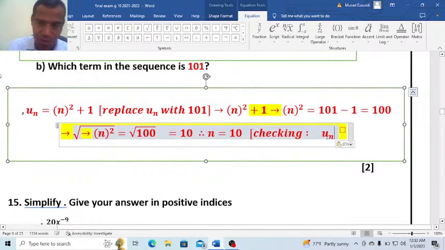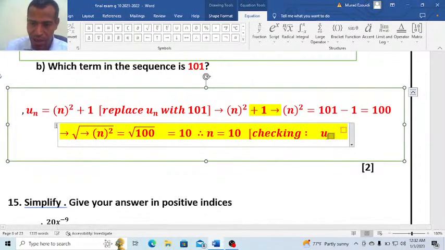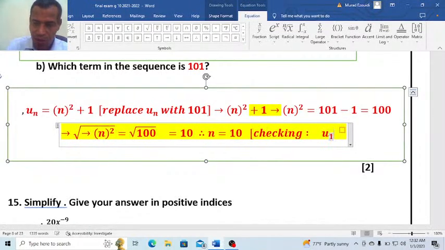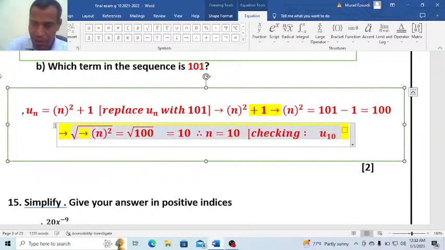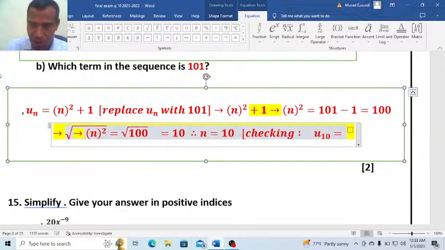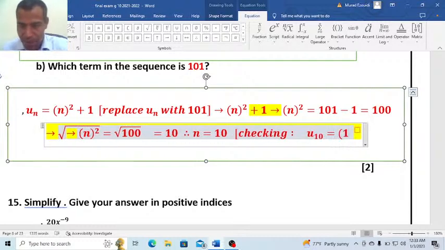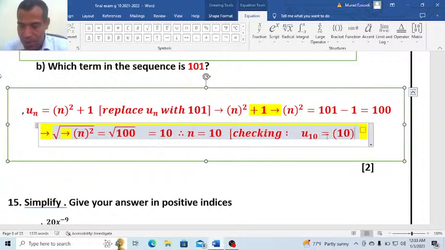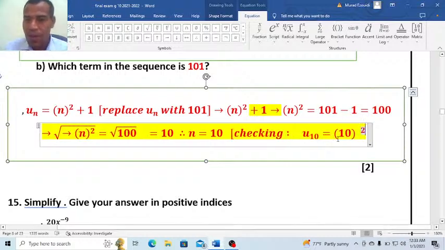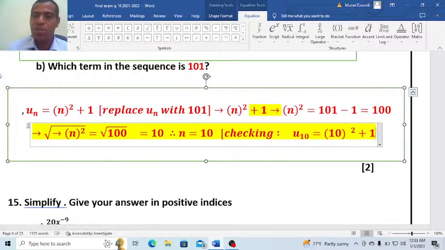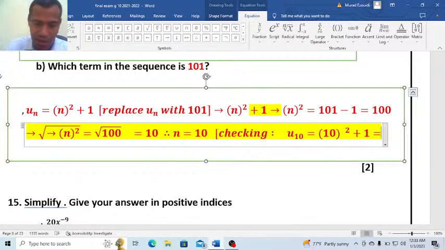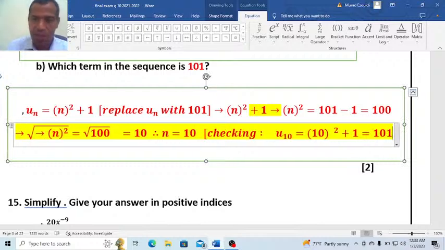So U10 is in fact equal to 10 in parentheses squared, plus what, learners? Plus 1. So 10 squared is 100, plus 1 is 101.